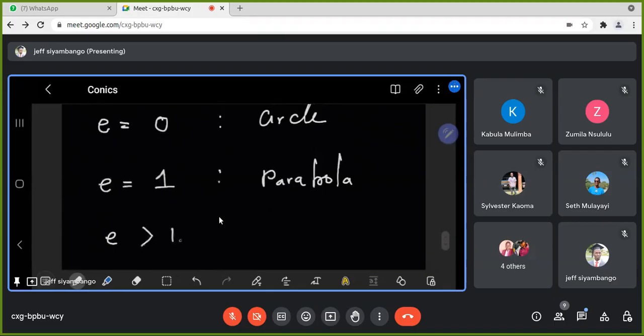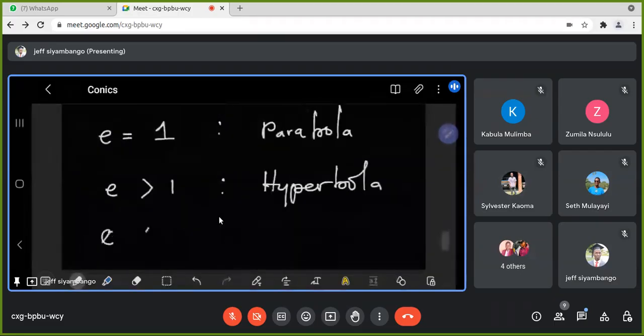And if e is less than 1, then you're dealing with an ellipse. Are we okay there?